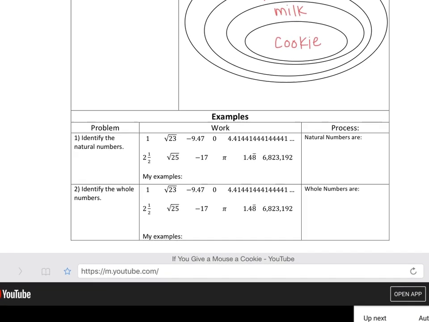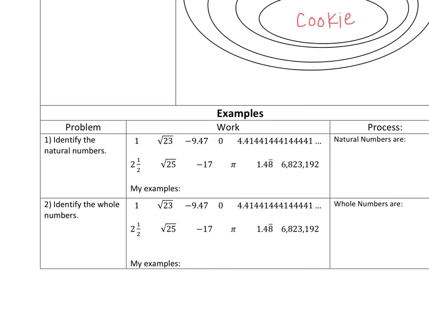Our first example is asking for identifying the natural numbers. If you have a highlighter nearby, highlight that word, natural numbers. That's a classification. That's a way that we can call numbers. Natural numbers are numbers we use for counting.